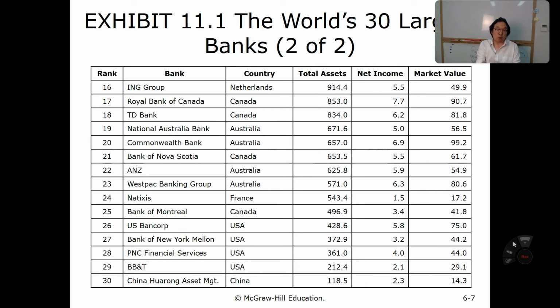Barings Bank was sold off to ING in 1995, and they are now the 16th largest one.